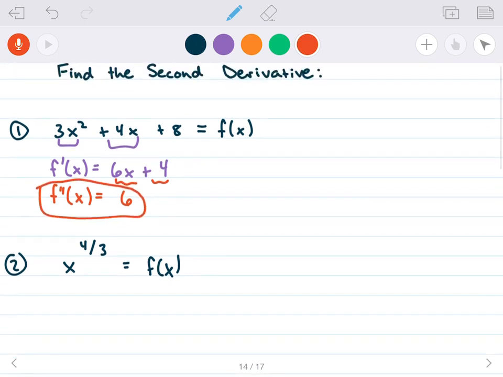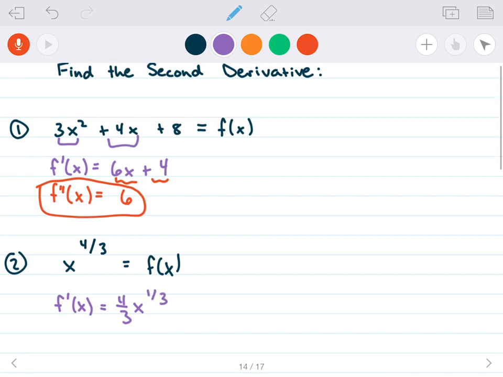Okay, let's look at number 2. Our first derivative, f prime of x, is going to be 4/3 x to the 4/3 minus 3/3, which is 1/3. All right, so that's my first derivative.